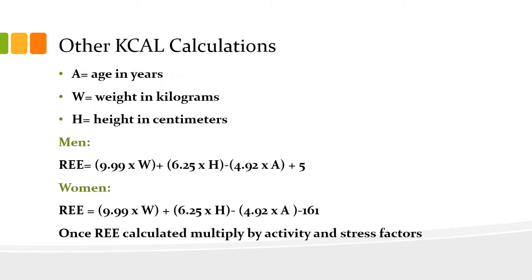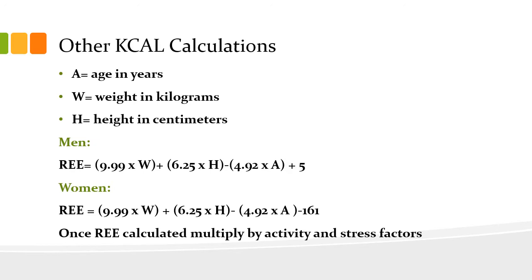Then there are other kilocalorie calculations, where we look at age in years, weight in kilograms, and height in centimeters. For men, the REE would be plugged into this equation using 9.99 times weight, 6.25 times height, minus 4.92 times the age, plus 5.